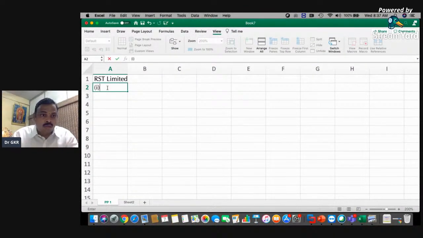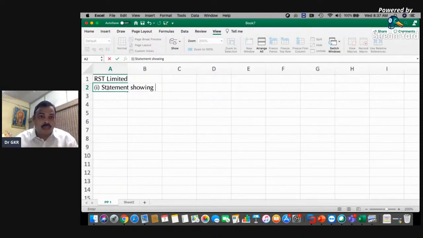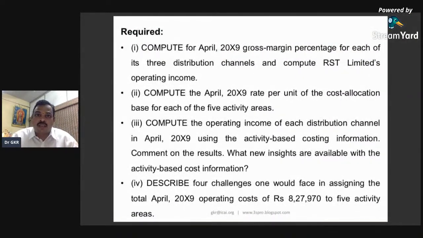So question number 1. Statement showing. What is it? You have to find the gross margin percentage for each of the 3 distribution channels and compute RST Limited's operating income. That means the company's operating income and the distribution channels' gross margin percentage.